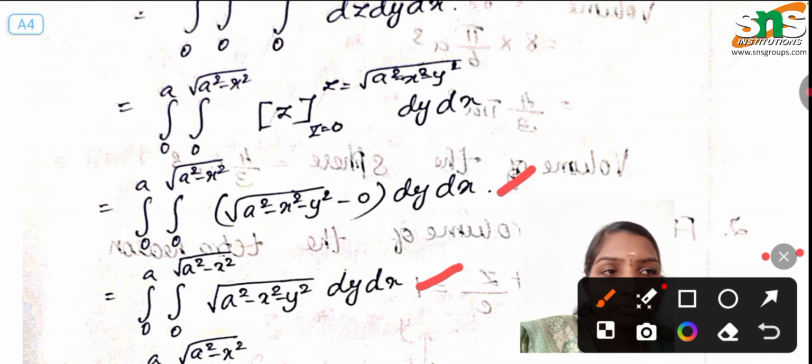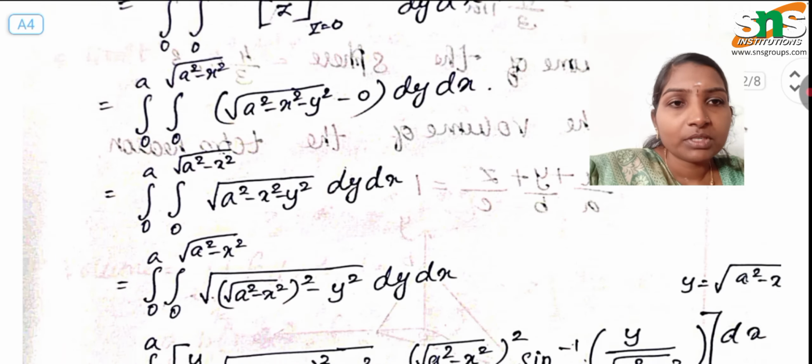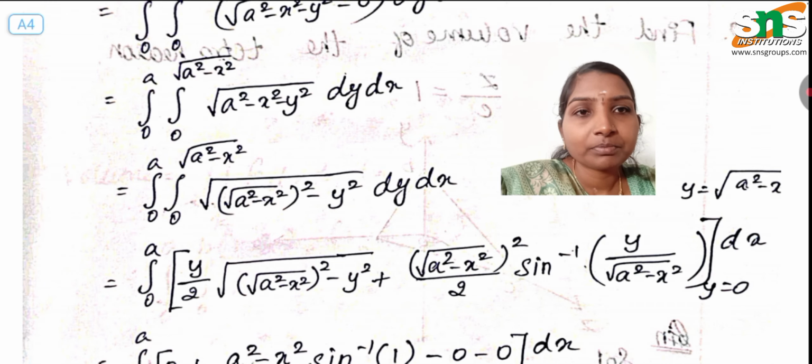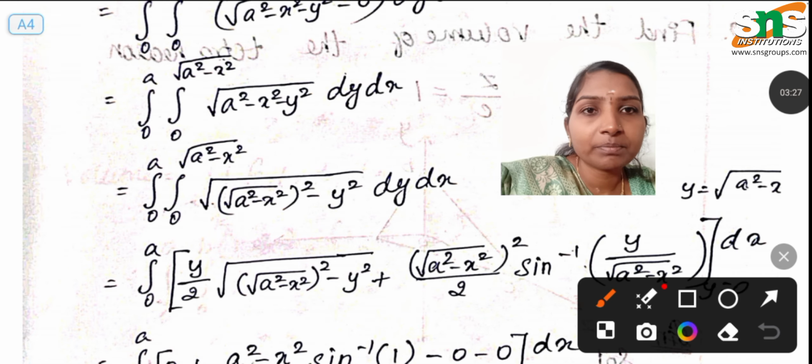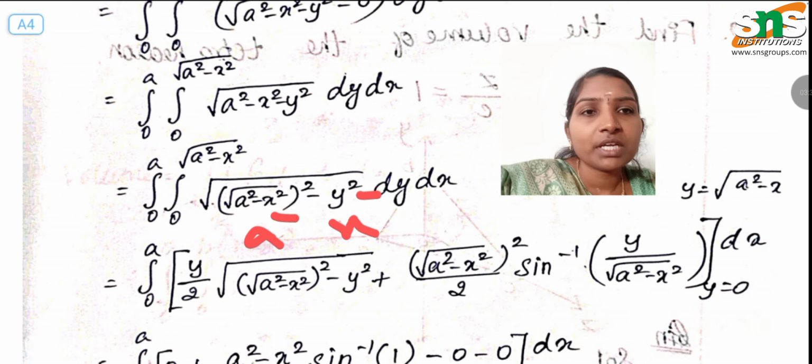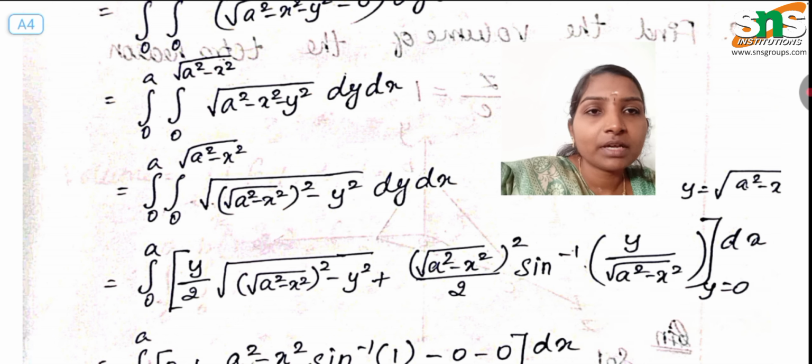So on integrating with respect to y, we have this, which can be formulated as root of a square minus x square the whole square minus y square. Here a is root of a square minus x square and x is y.